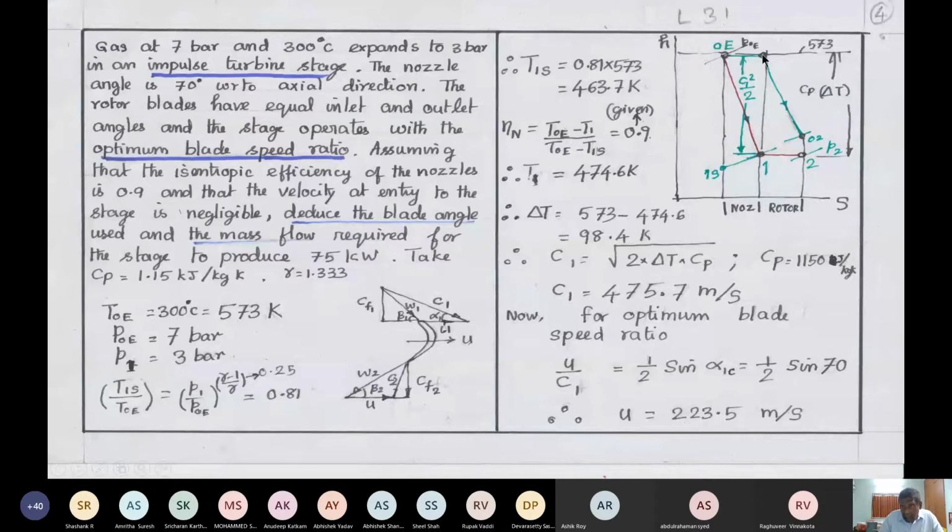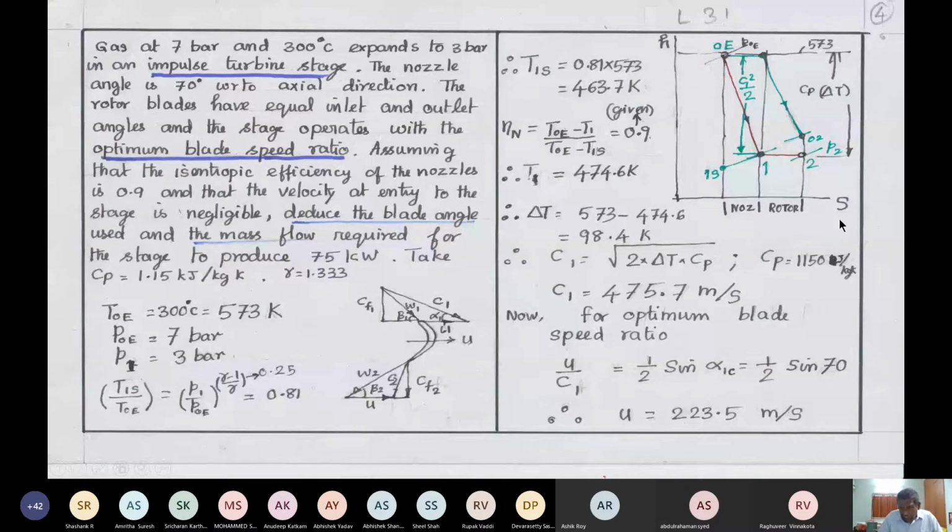Then I have the delta T, and from the delta T I find out the velocity C1, the entry velocity for the turbine. Then you can see the blade velocity triangles. This part, velocity triangle and all those things, is some sort of momentum analysis, whereas the TS diagram is some sort of energy analysis, thermodynamic analysis.